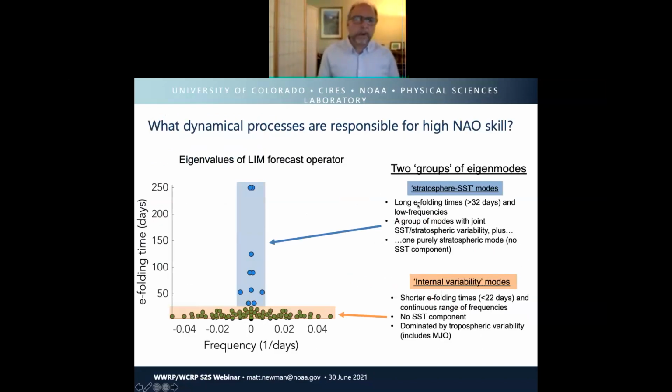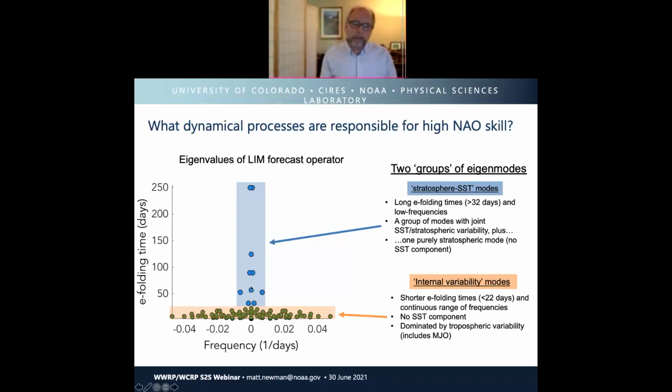All right, so what dynamical processes are responsible for this high NAO skill? To get at that, we're going to dig into the dynamics of the system by looking at the two groups of eigenmodes of the dynamical operator L, which fall nicely into two subspaces. In one subspace, we have eigenmodes with a very long e-folding time, so they tend to be more persistent.